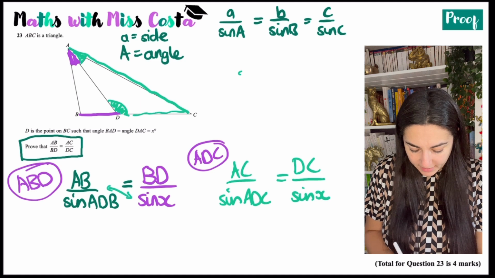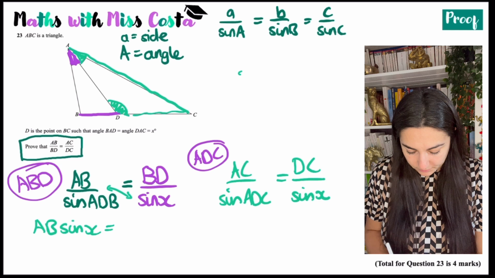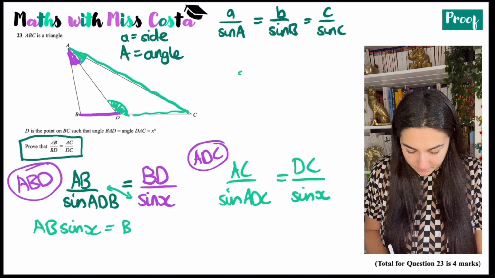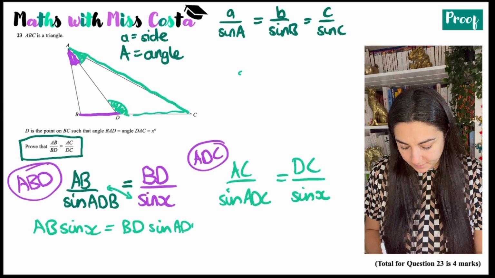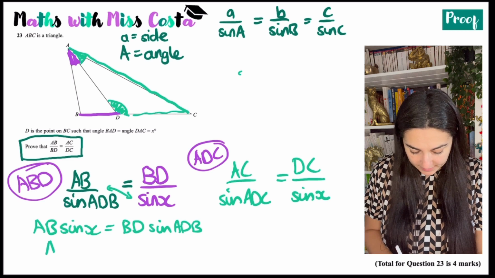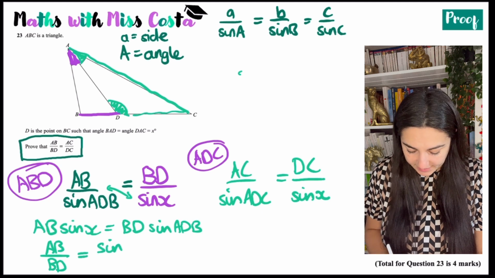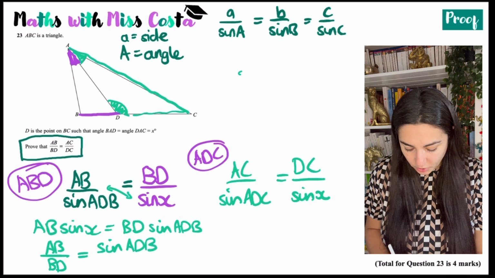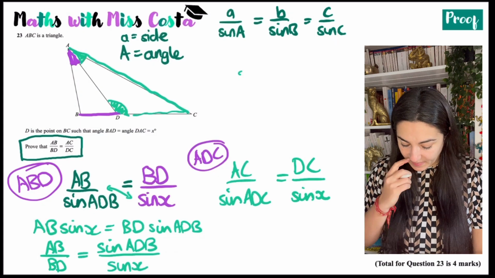So let's cross multiply, so AB sine X must be equal to BD sine ADB. And then what can I do? Well, I could divide both sides by BD, so AB over BD must equal sine ADB over sine X. And let's do a similar thing over here.